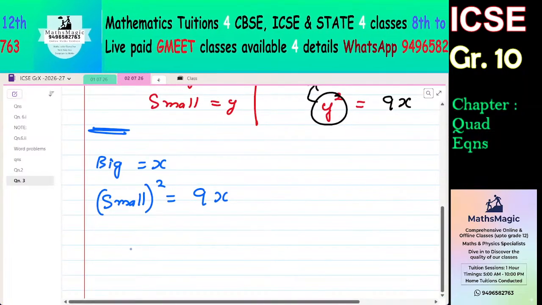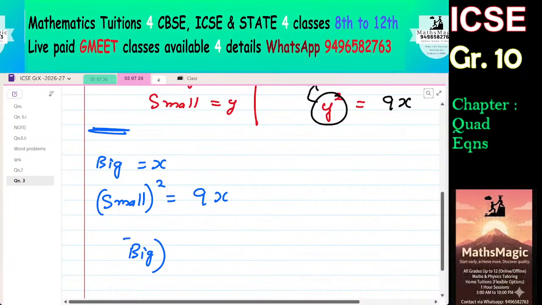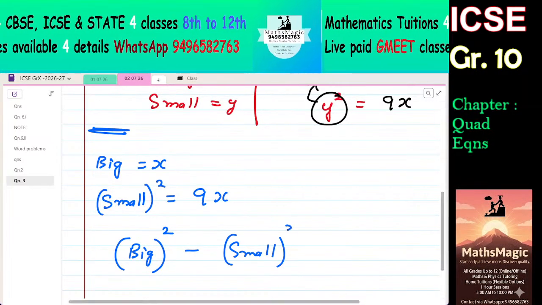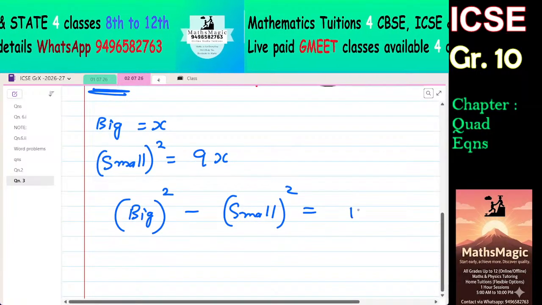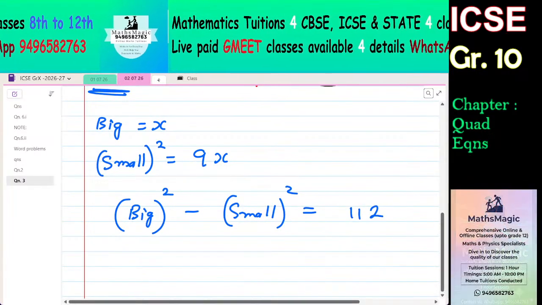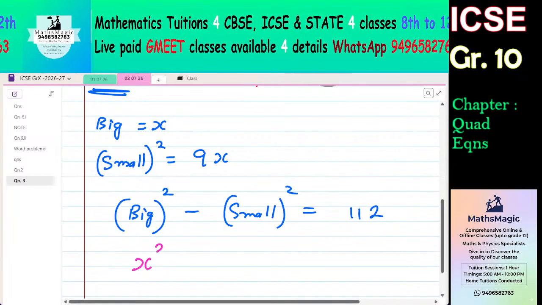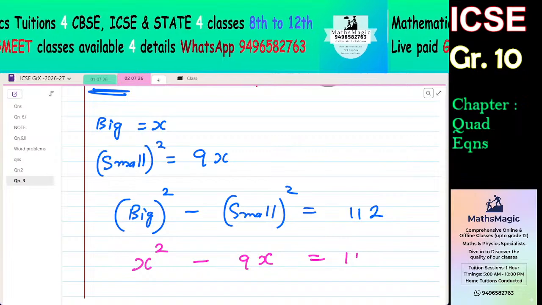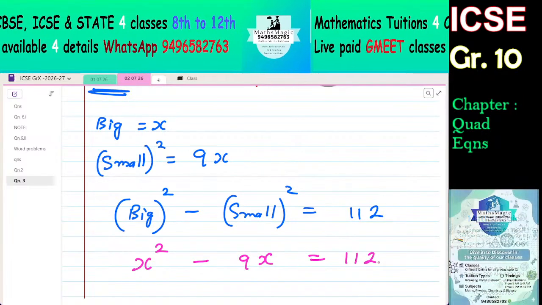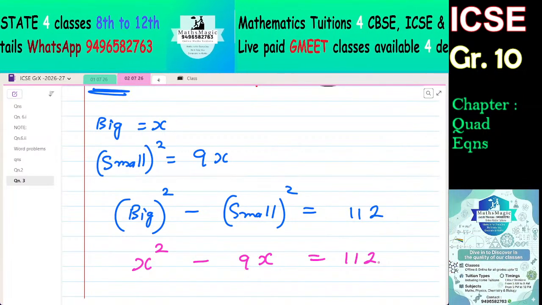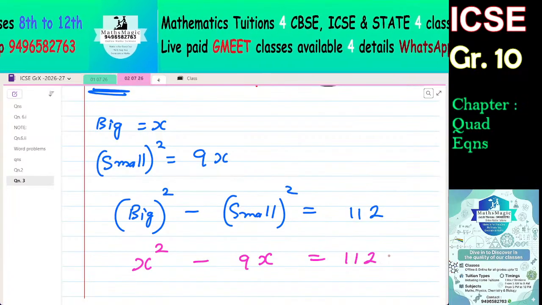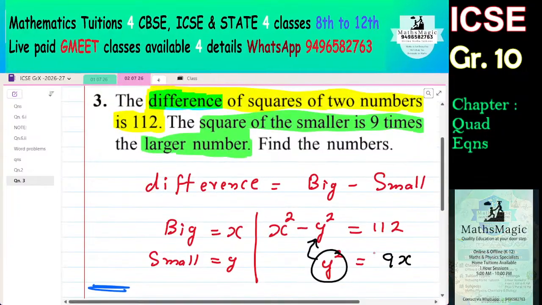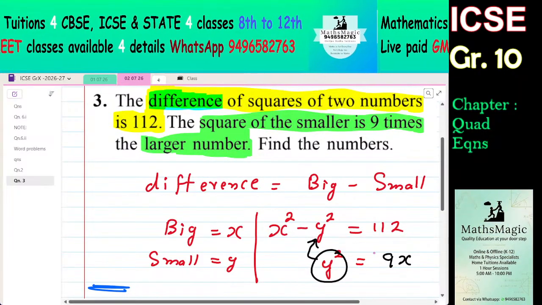Then instead of x squared minus y squared, big number square minus small number square gives 112. Okay, understood. Both methods work, but you need to read the question many times.